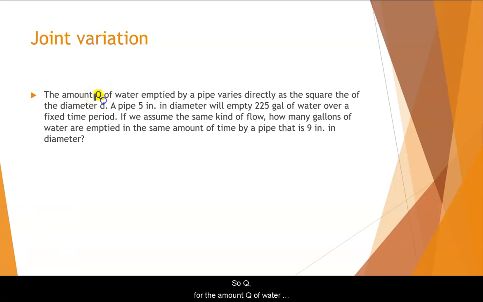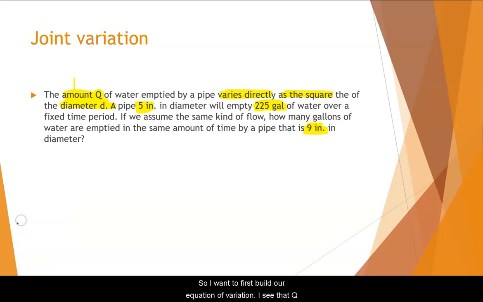So a pipe 5 inches in diameter will empty 225 gallons of water over a fixed time period. If we assume the same kind of flow, how many gallons of water are emptied in the same amount of time by a pipe that's 9 inches in diameter?